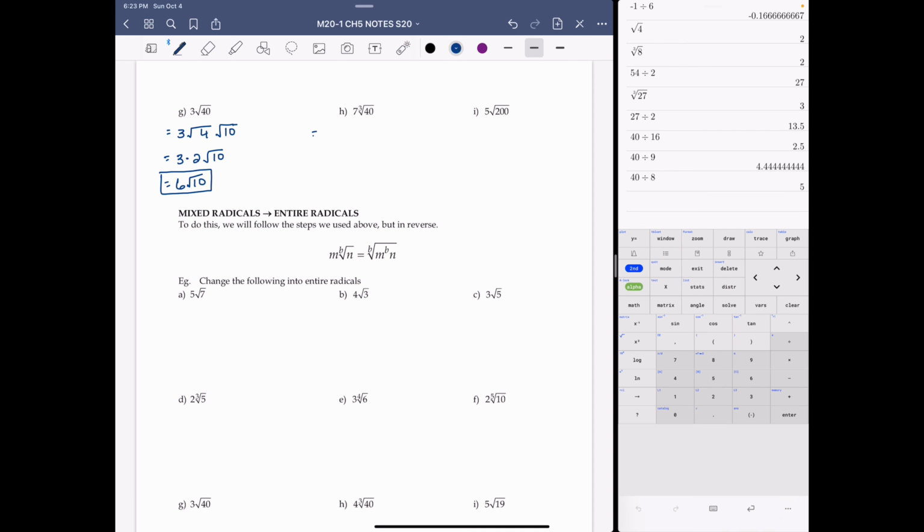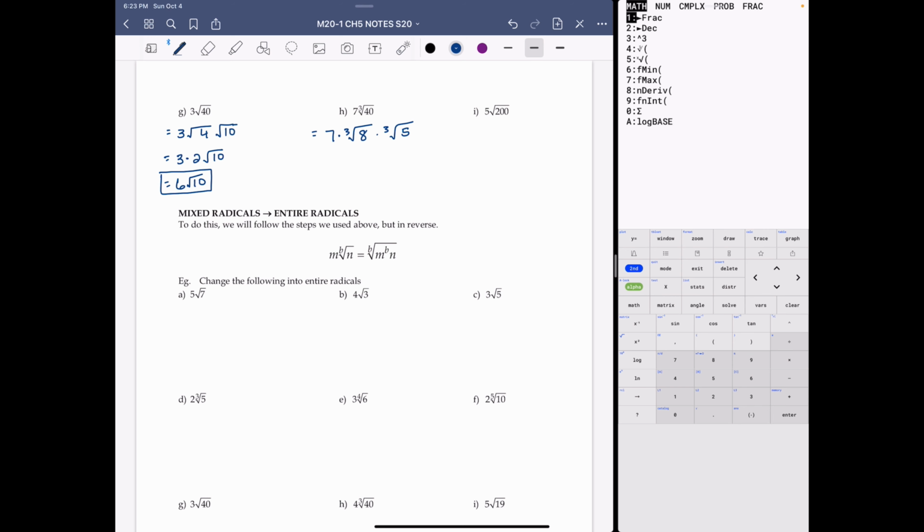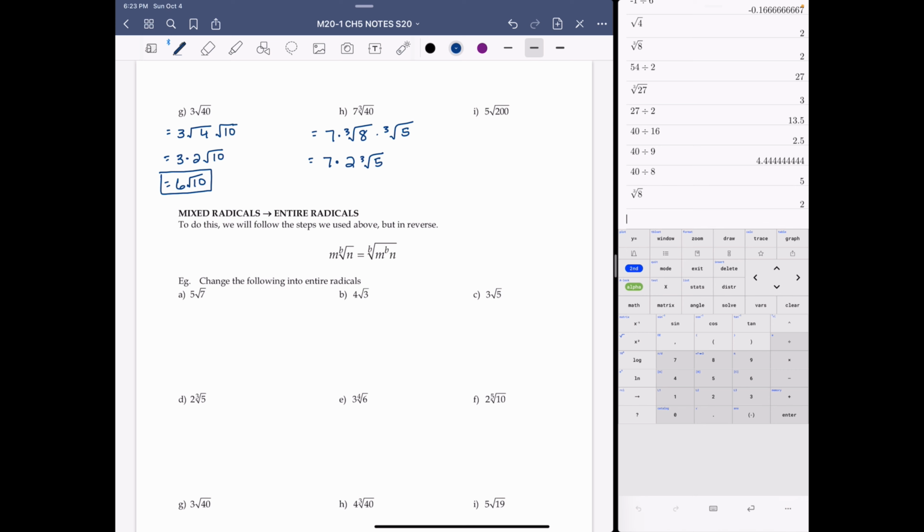This becomes 7 times the cube root of 8 times the cube root of 5. The cube root of 8, using the calculator, we get 7 times 2 times the cube root of 5. 7 times 2 is 14. We get 14 times the cube root of 5.